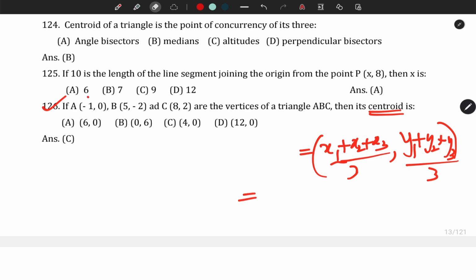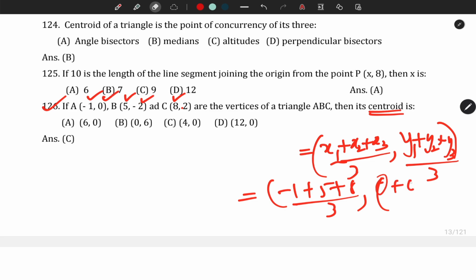So here we have x1 is -1 plus 5 plus 8. -1 plus 5 is -4, -1 plus 5 plus 8 divided by 3 comma 0, -2 and 2, 0 plus -2 plus 2 divided by 3. So here we'll get 12 divided by 3, that is 4, and -2 plus 2 will be cancelling. 0 by 3 is 0, so 4 comma 0 is the correct option.